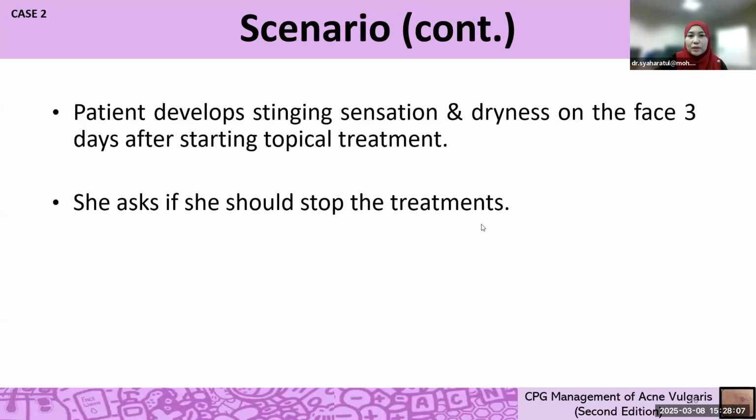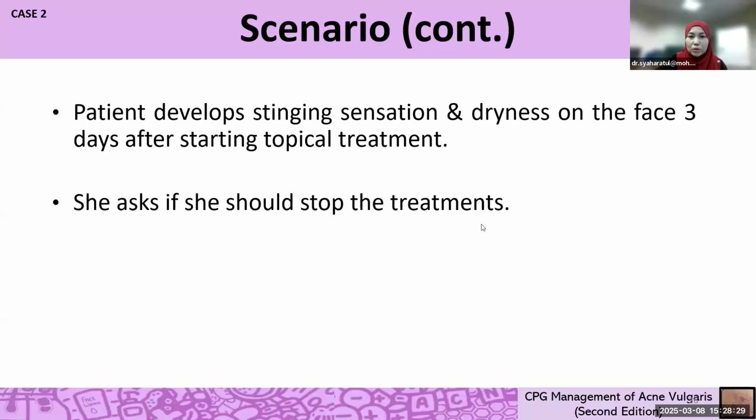Right, so apply moisturizer, reassure, use EOD. Moisturizer again, sunscreen, EOD, change to intermittent use. A lot of people put moisturizer.